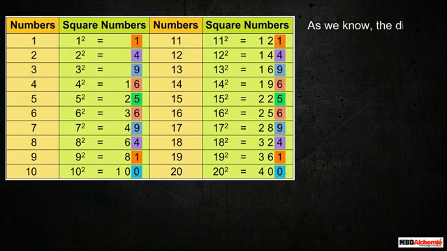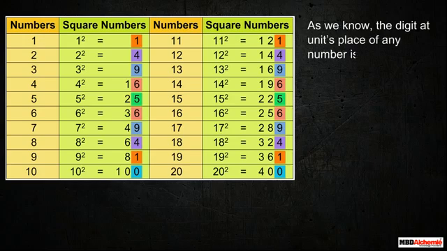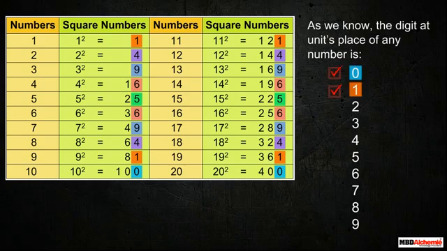As we know, the digit at units place of any number is 0 to 9. So, we say that a square number always ends with either 0, or 1, or 4, or 5, or 6, or 9 at its units place.